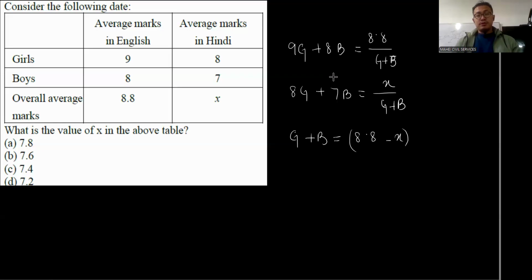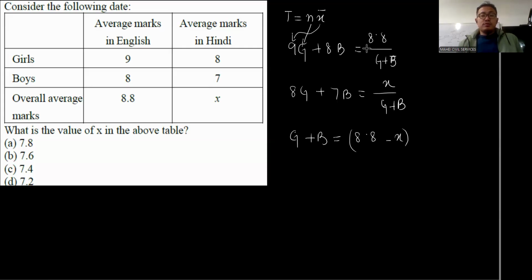So let's say the total number of girls is Z, and the total marks is the number of girls times the average. The total marks scored by the girls is 9 into Z, and the total marks in English scored by girls and the total marks in English scored by boys.